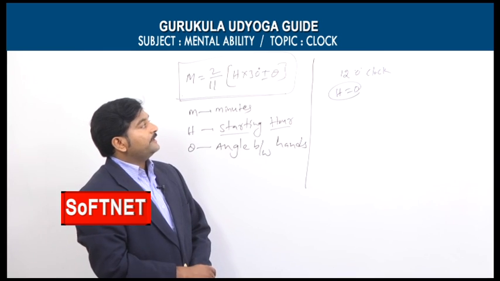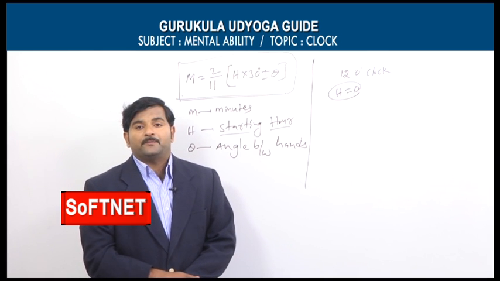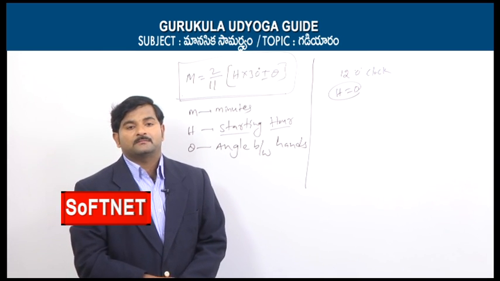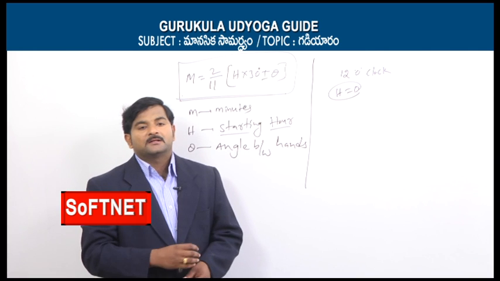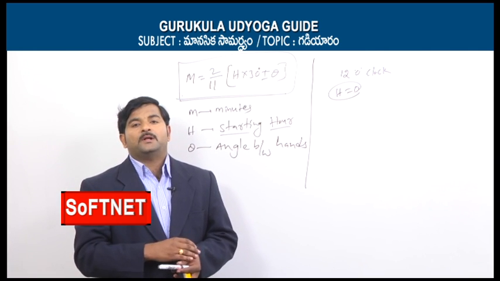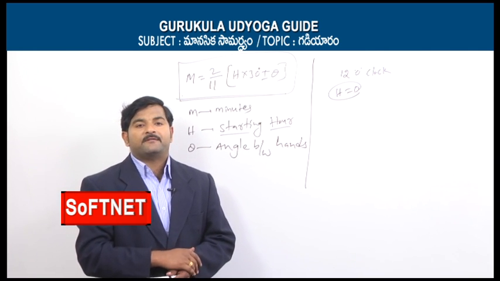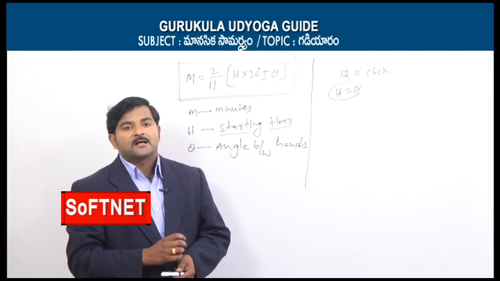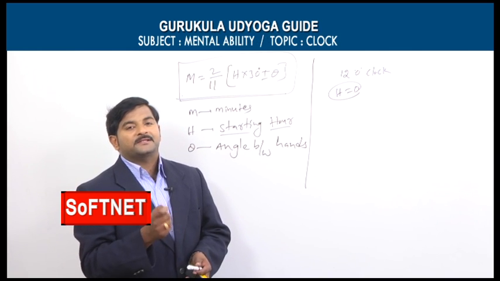So why do we need to take h = 0 when the starting hour is 12 o'clock? It's simple: the clock which we are discussing is only a normal clock. A normal clock has only 12 hours. That's why our starting hour is h = 0.